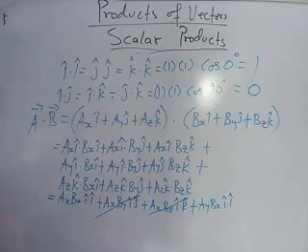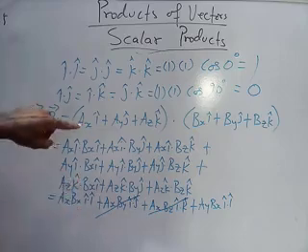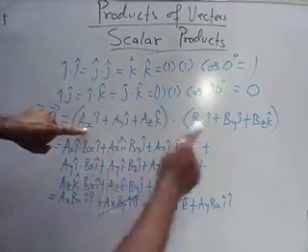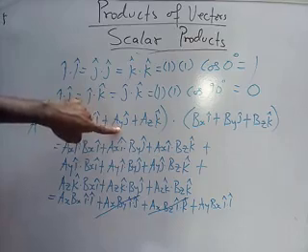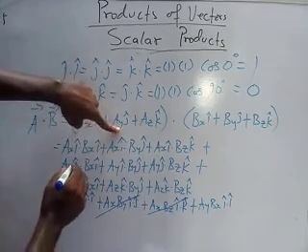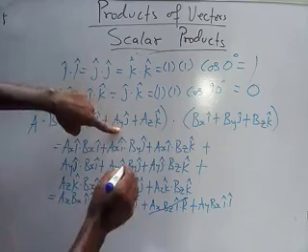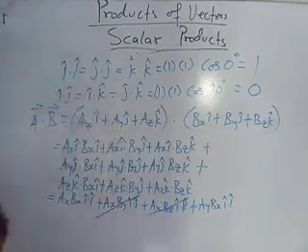So yes, there should be a mistake here. I use this to multiply 1, 2, 3. So this is supposed to be J. Okay.